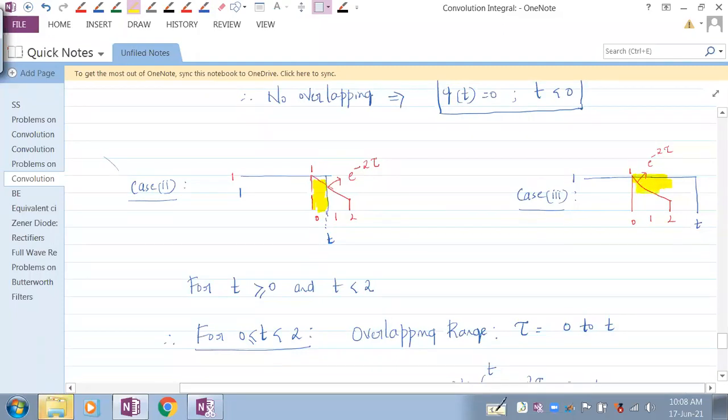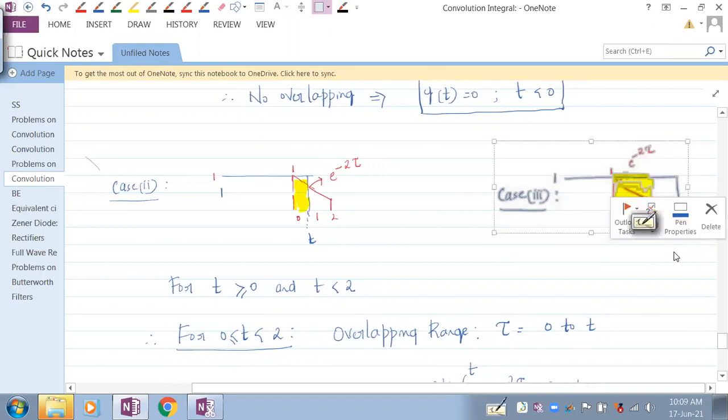From here to here the overlapping is. Understand that? So the overlapping range is from 0 to 2 now. So what is the case? The case is t greater than 2. So this is the third case that we have to get.